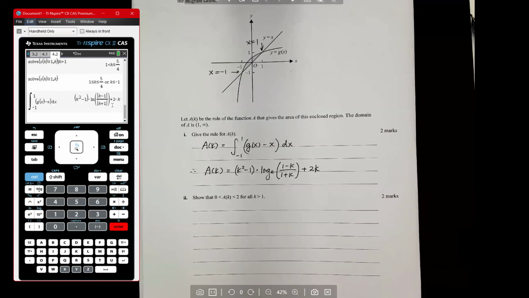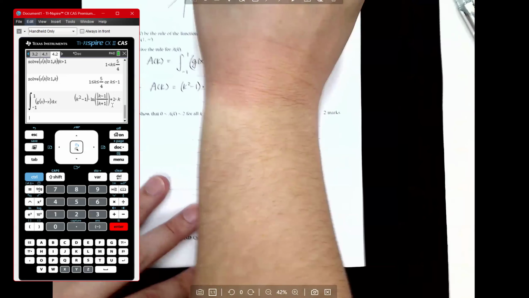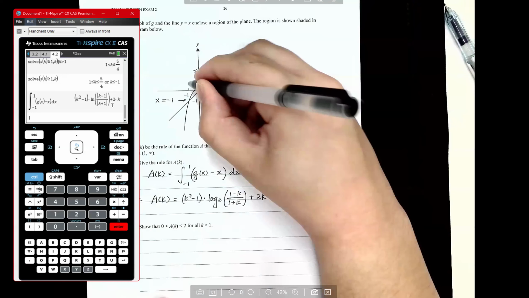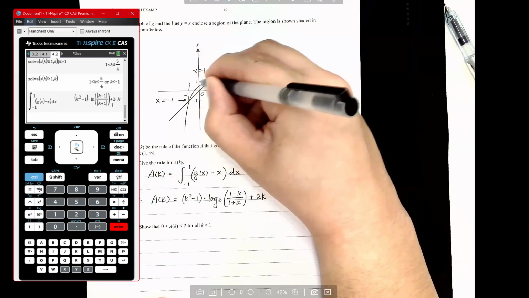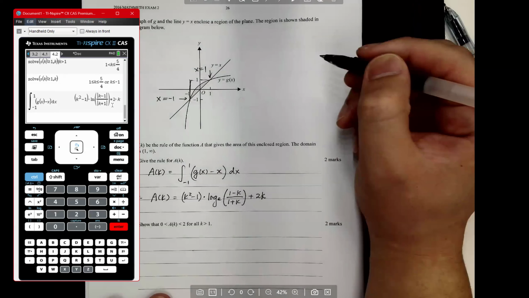And the next thing is we want to show that 0 is less than A of k less than 2 for all k greater than 1. I think in the exam report they used some kind of limit notation to talk about, okay, this shaded area should be bounded by a right angle isosceles triangle like this.